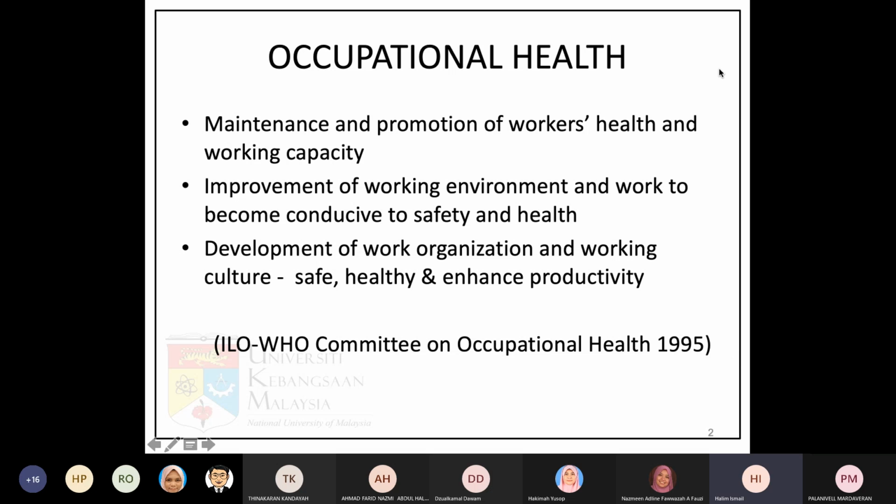So occupational health, according to the ILO and WHO Committee on Occupational Health, is basically the maintenance and promotion of workers' health and working capacity, improvement of the working environment and work to become conducive to safety and health, and also development of work organization and working culture to ensure that it is safe and healthy, and so be able to enhance productivity.